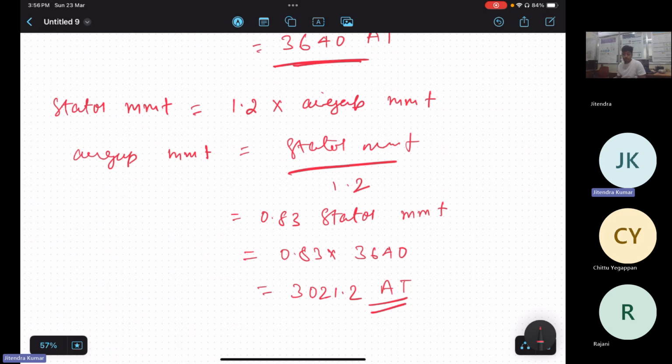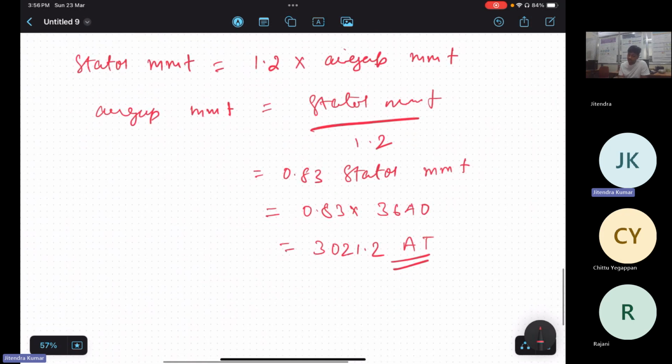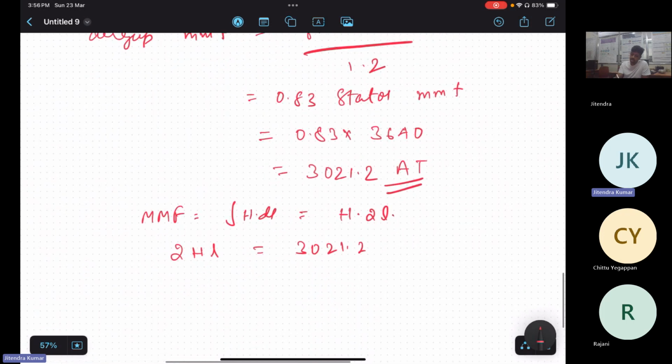Now, what is the expression in terms of H? MMF is nothing but the integration of H dl, and here it is H into 2 times the length. So H into 2 LG is equal to 3021.2, where LG is the air gap length.